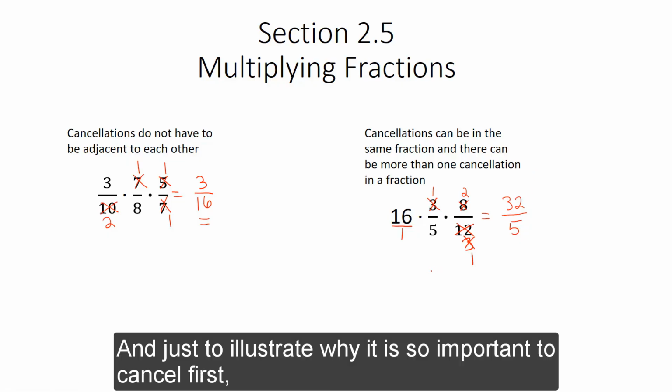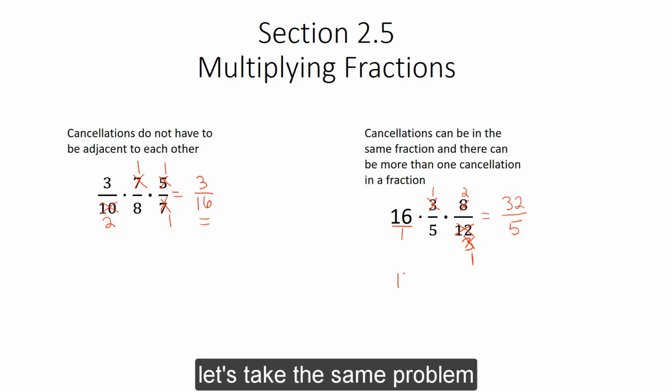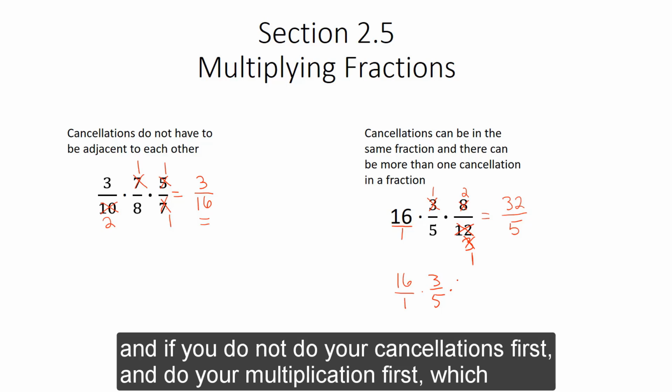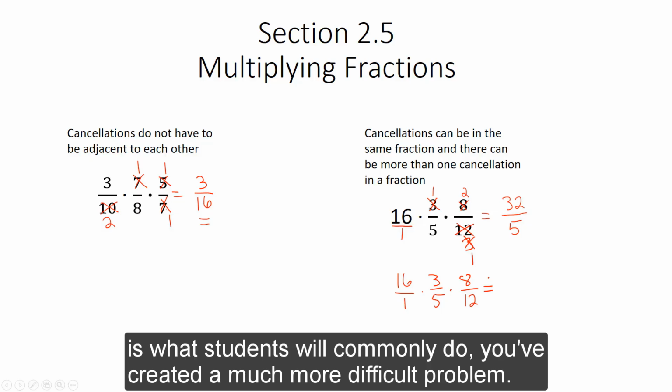And just to illustrate why it is so important to cancel first, let's take the same problem, and if you do not do your cancellations first and do your multiplication first, which is what students will commonly do, you've created a much more difficult problem.